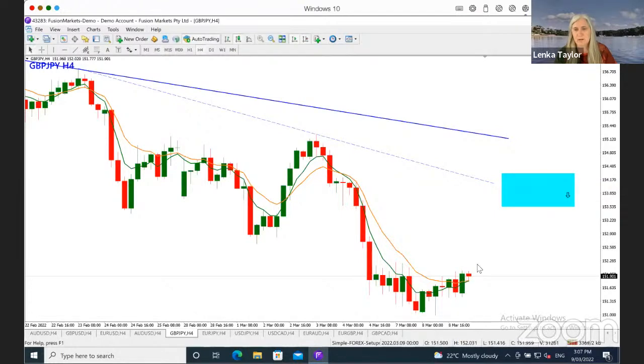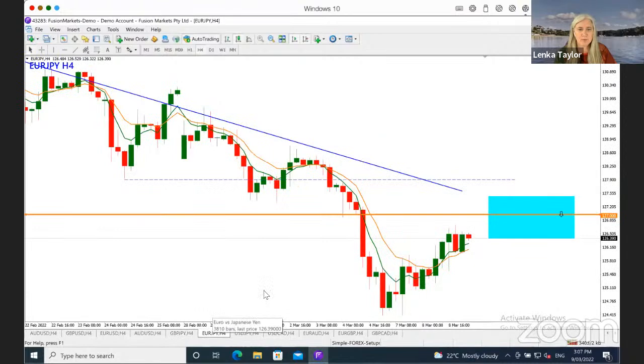Looking to either get that pullback back up to the previous horizontal, previous trend line, or sometimes like in the past here, we didn't really get a proper pullback. So there might just be a reversal in terms of continuing that trend further down. We're just going to have a look and see what happens here the next couple of bars. And if it does go up, then we would wait for a reversal at that trend line and look for short opportunities on GBP/JPY.